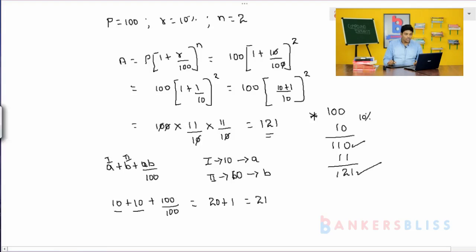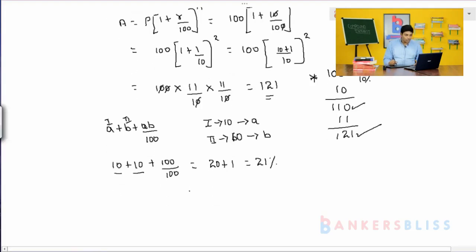So altogether you get 21% interest on the principal amount. The principal amount is rupees 100. So 21% on 100 is 21. So 21 is the interest, and 100 rupees is the principal amount we have taken.